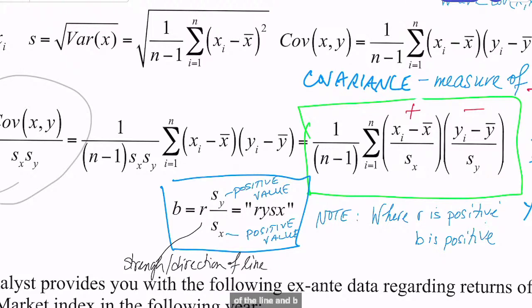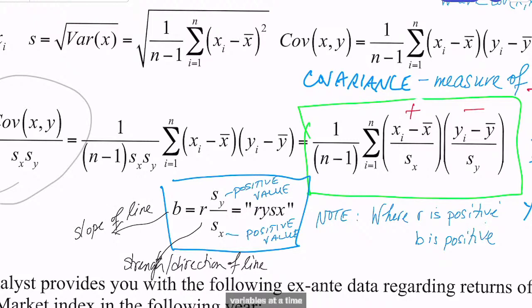R relates to the strength of fit and the direction of the line, but B just gives you the slope of the line.